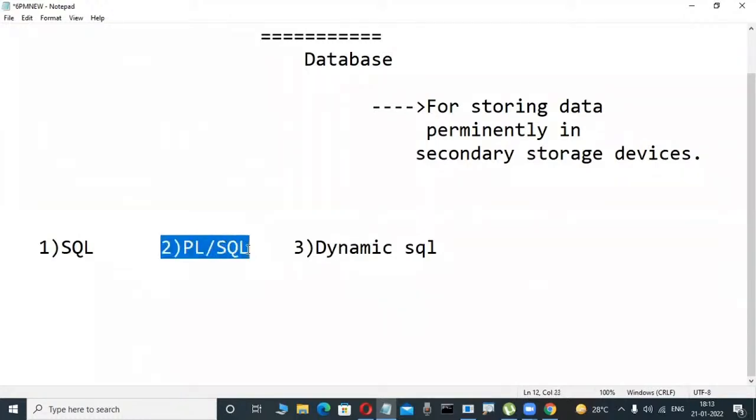Why this language is required: because of so many applications. For example, if you are a first-time newcomer, concentrate here. I'm giving just an idea of some applications.